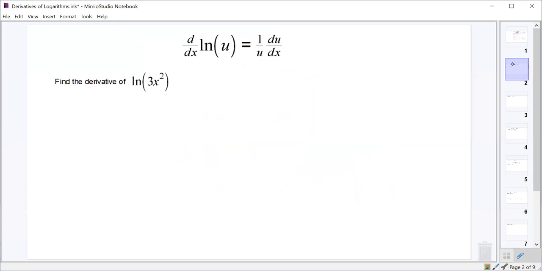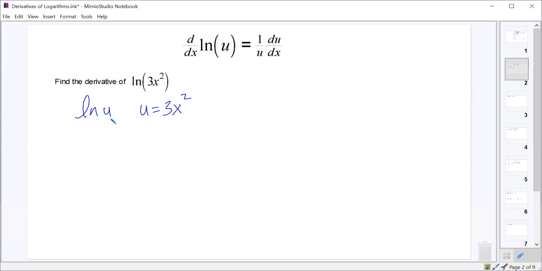Hopefully so. So if we want to take the derivative with respect to x of the natural log of a function, like 3x squared or something, then we're just going to do 1 over that function times the derivative of that function. So if we're looking for the derivative of natural log of 3x squared, that's natural log of u with u equal to 3x squared.